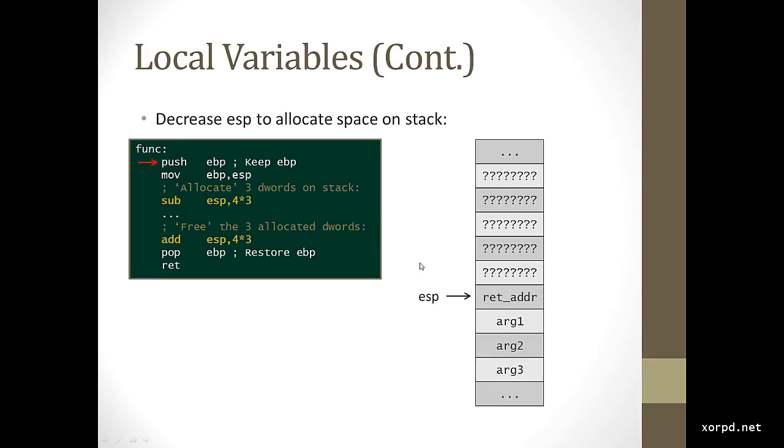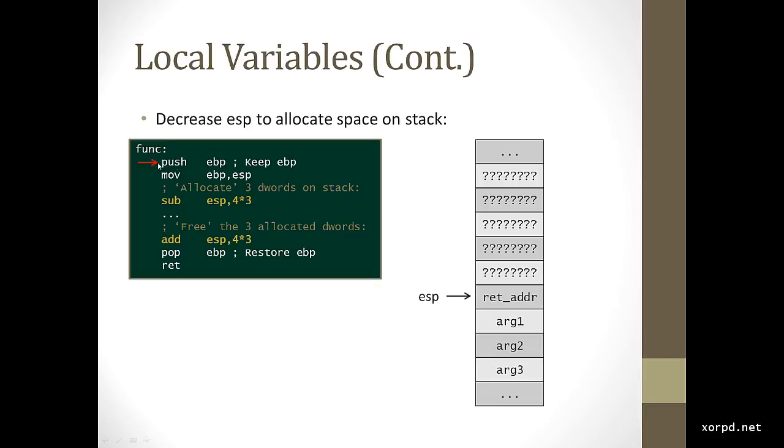At this point, the caller has already pushed some arguments into the stack, and we also have the return address. We got this return address from the call instruction. We can't see the call instruction here, but it was somewhere because this function was called. It was probably called using a call instruction, hopefully.